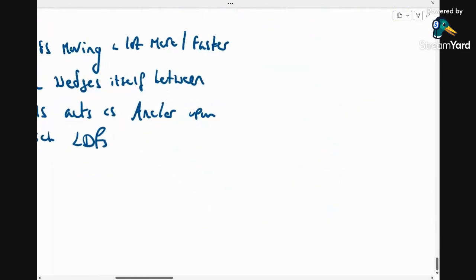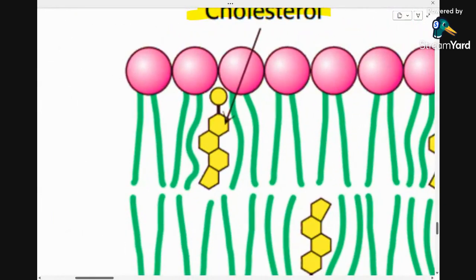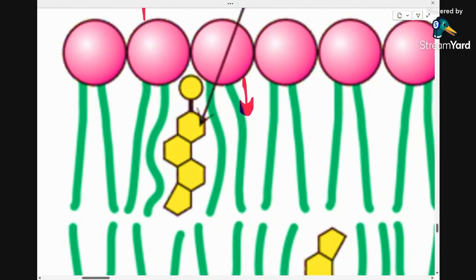So if we have a look here, it shows it here. Cholesterol can wedge itself in between. So just because these phospholipids are moving quite fast relative to each other, you actually put something in between them that stops them from moving too far apart from each other.